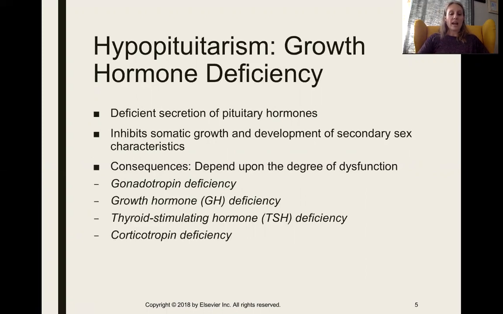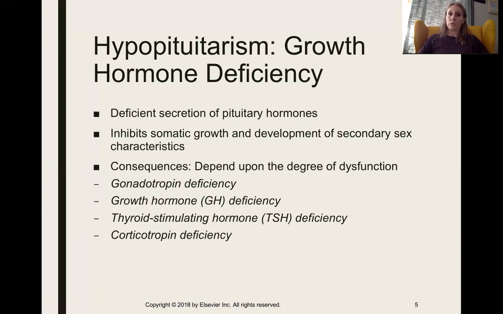When we're looking at hypopituitarism, specifically the growth hormone deficiency, we're going to see various degrees of consequences. This is really going to be dependent upon how much dysfunction there is in the release of this hormone. So we can see gonadotropin deficiency, which is the absence or regression of secondary sex characteristics.